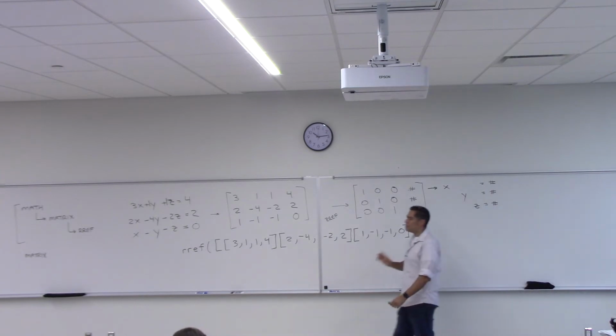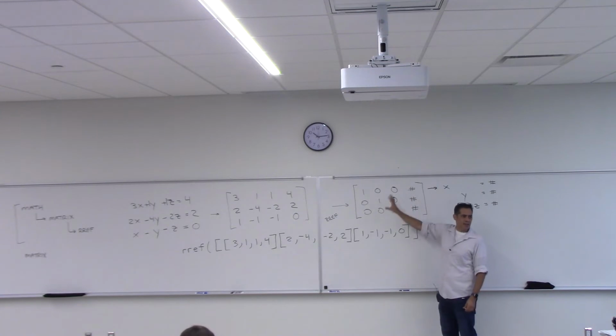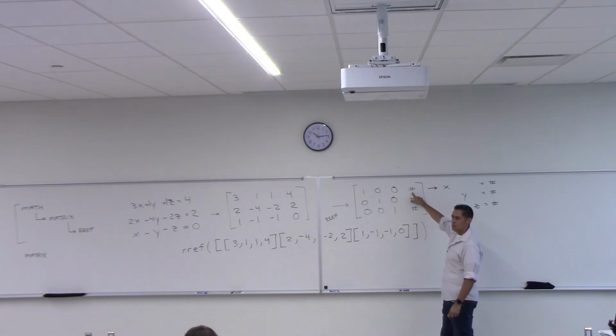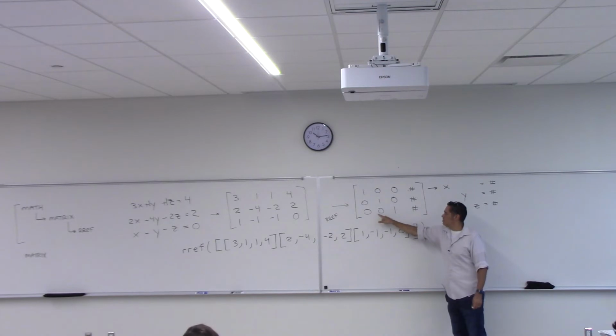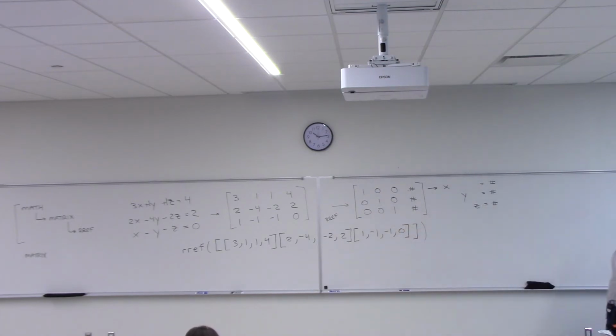But you should get something similar to this. You might have to scroll and move around, but you should see 1, 0, 0, and then 1, and then 0, 1, 0, and then -1, and then 0, 0, 1, 2. And those are your solutions. So the right side of your answer, see that?